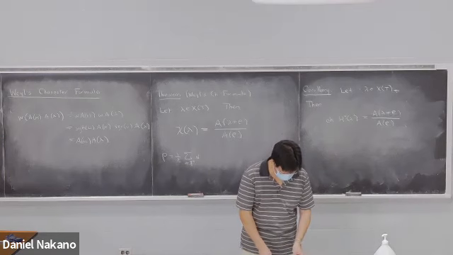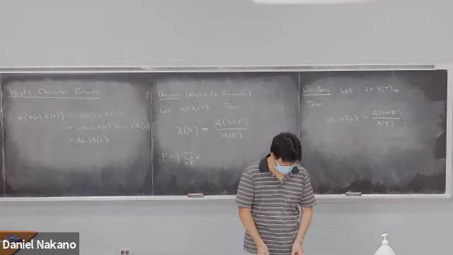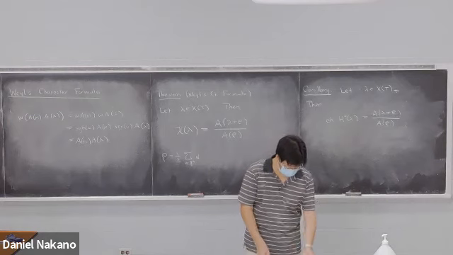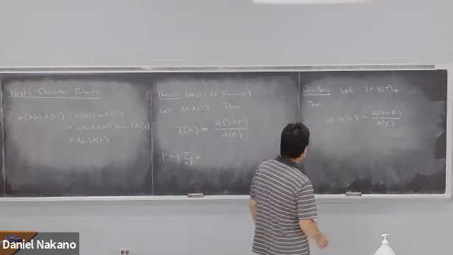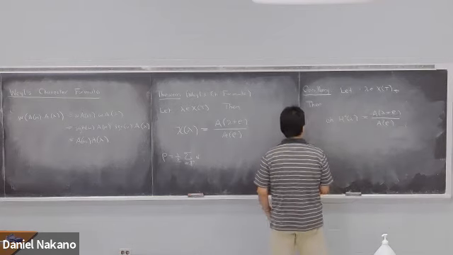All right. Now, I want to save the proof for next time because it's going to actually involve some work. So let me just mention a few things before we go. One of the big questions is what's a character formula for all weights?